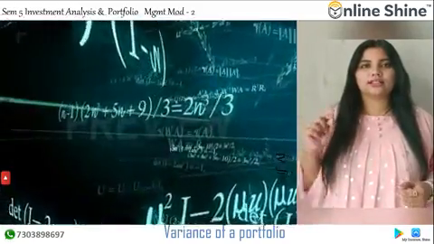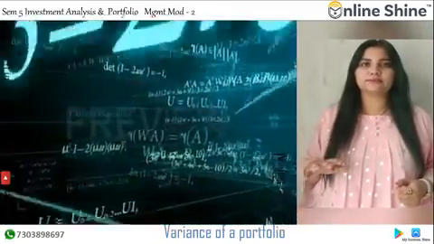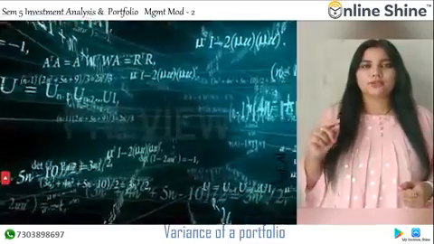So sigma square represents the variance. We just substitute the values.